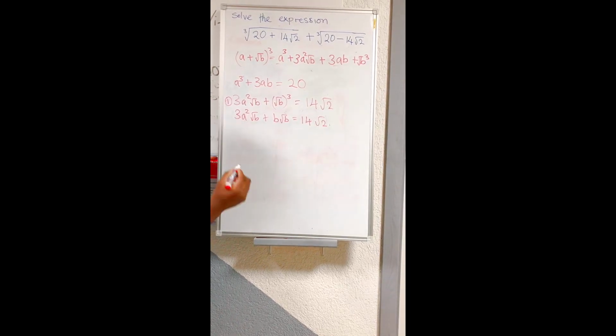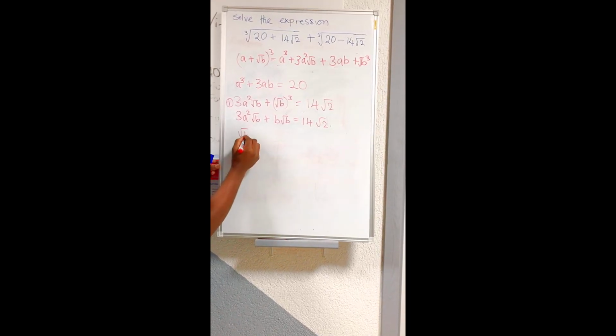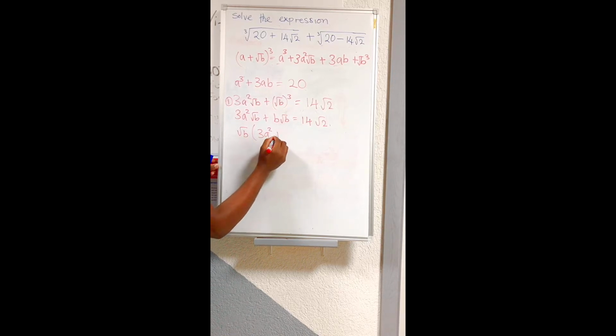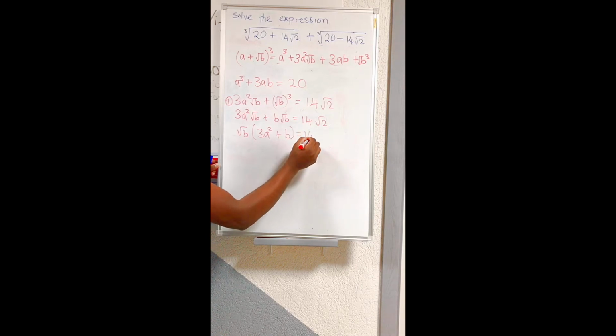When you factor out root b, you have 3a squared plus b equals 14 root of 2.